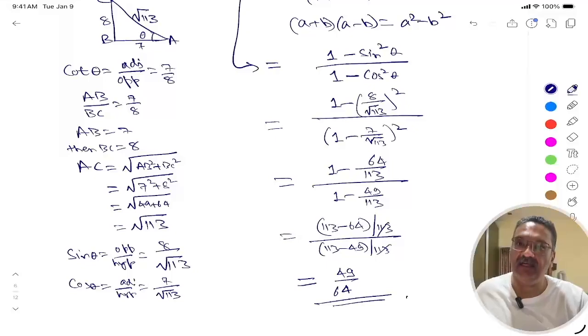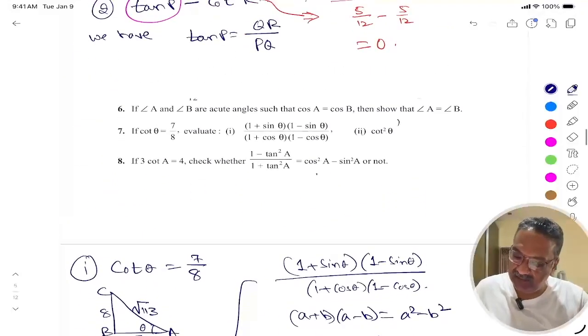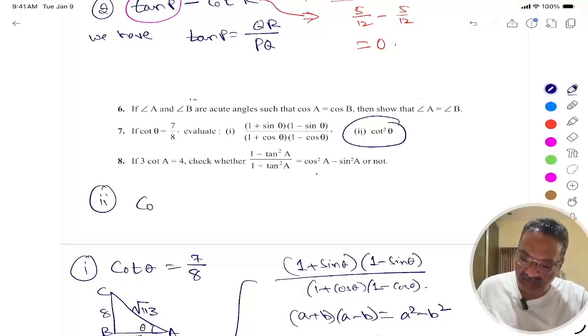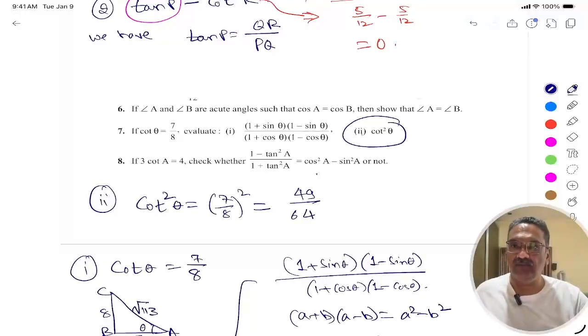So this is the answer. Similarly, the second part asks for cot square theta. That is very simple. I will solve part 2 here. Cot square theta is nothing but 7/8 whole square, which is equal to 49 by 64.